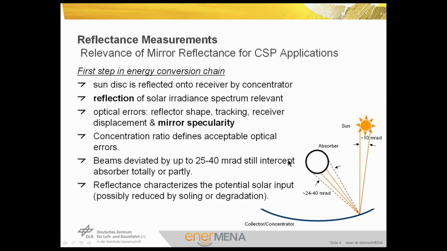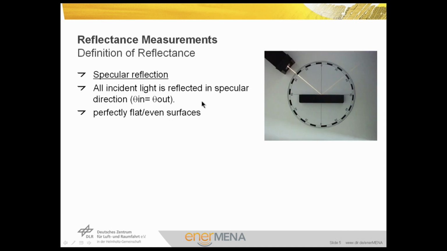Because the reflectance characterizes the potential solar input, this is influenced also by possible soiling or degradation on the mirror, which can lead to a loss of reflectance, which then is also a loss in the power generation of the whole system. Reflectance is defined, or can be separated, into two parts.